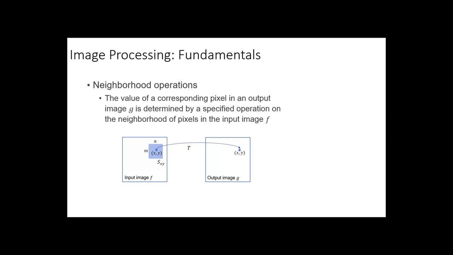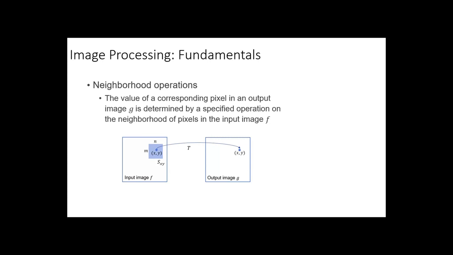For any point, we can define the neighboring points: one point up, left, down, and right. We often call this the four-point neighborhood. You can add the diagonal points and it becomes a 9-point neighborhood, and we can make it larger. This is a 3 by 3, and we can make it 5 by 5.